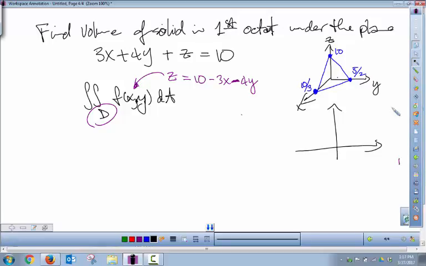Now, can you try to figure out what this region is going to look like on the xy plane? Looks like a triangle, right? We can get this drawing from the three-dimensional drawing that we have. Can you see that?